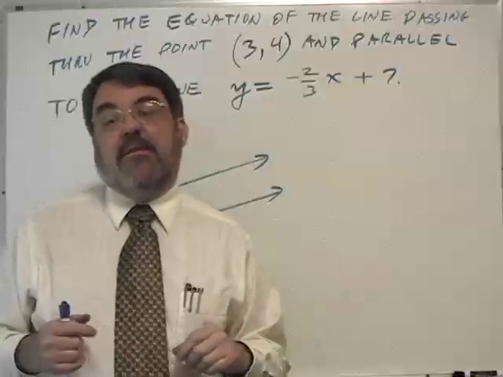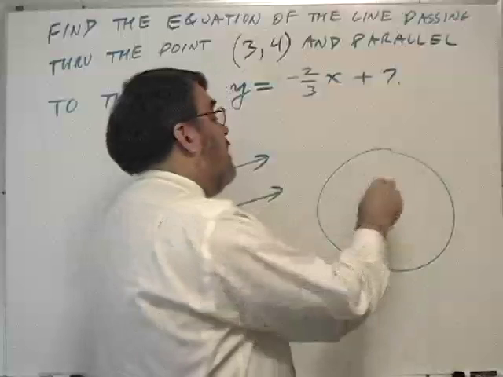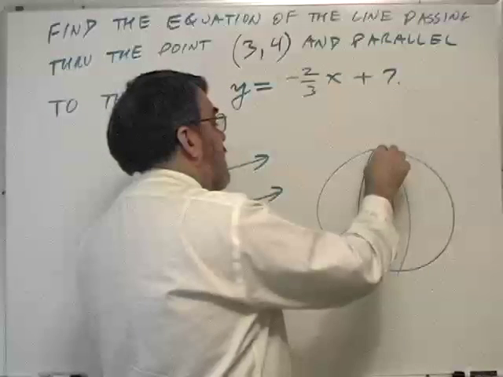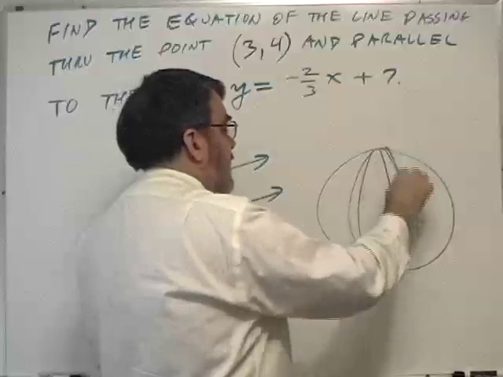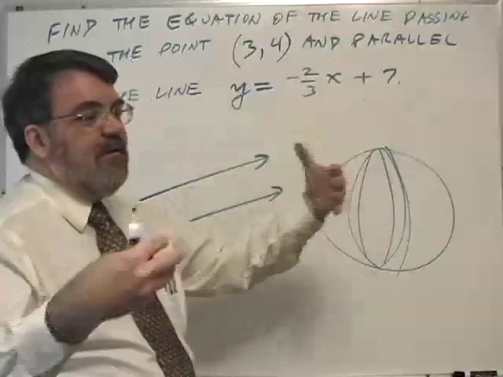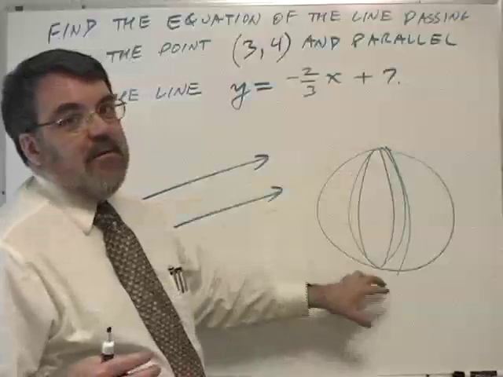For example, on the surface of the Earth, longitude lines are considered to run parallel to each other, and yet, and I haven't drawn this very well, although they run parallel on the surface of the Earth, they do intersect at the North Pole and South Pole.